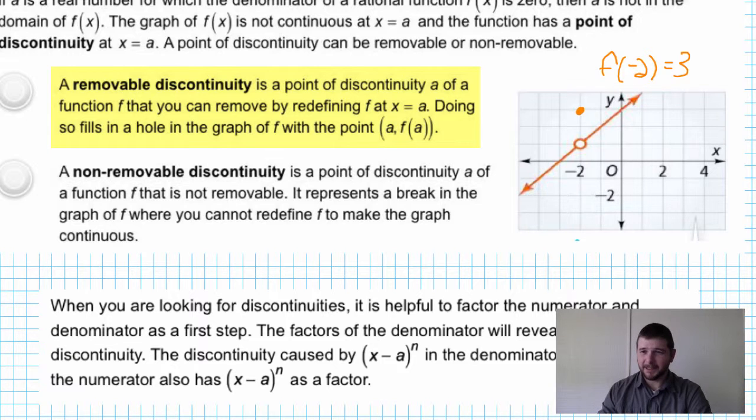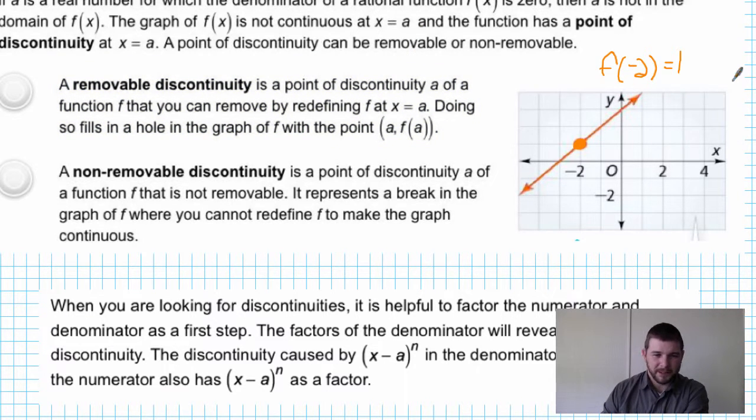So notice this: if instead of defining f of -2 to equal 3, we were to define it as f of -2 equals 1, all of a sudden, we can fill in that single point of discontinuity. And that is our definition of a removable discontinuity.